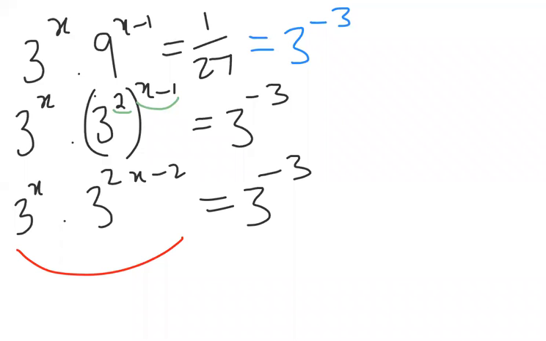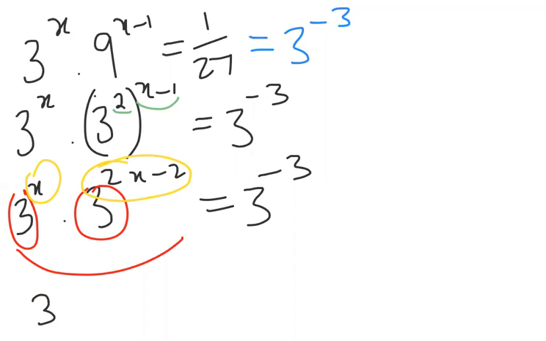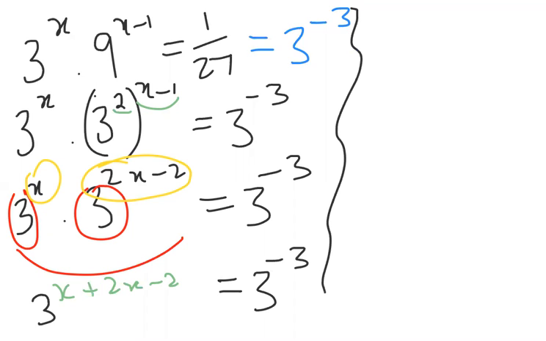So there's a 3, there's a 3. So I'm just going to combine this over here. So that's going to give me 3 to the power x plus 2x minus 2. So that is what I'm going to have on top. And that equals 3 to the minus 3. And now, as you can see, you have this 3 at the bottom. The base is now the same.